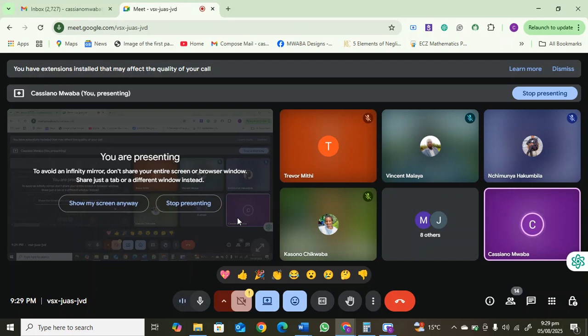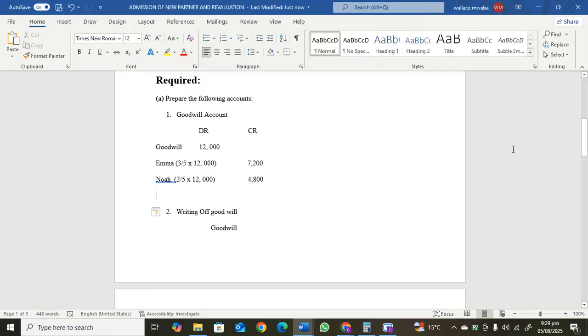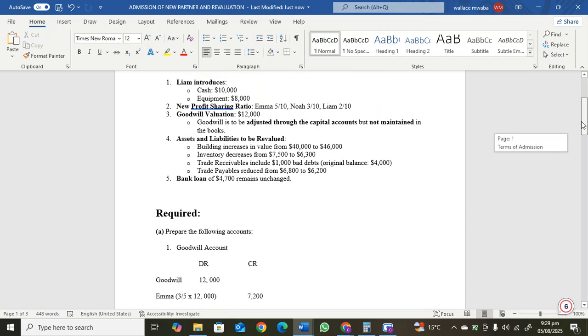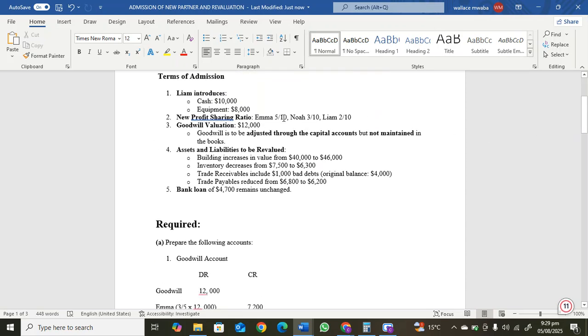That's what we're trying to find out here. So we use the new profit sharing ratios to debit each partner. The new profit sharing ratios are these ones here.